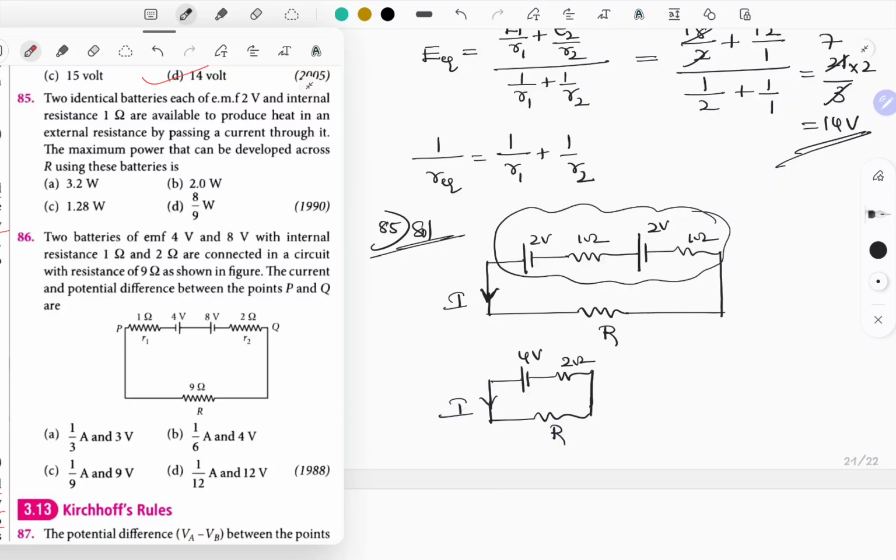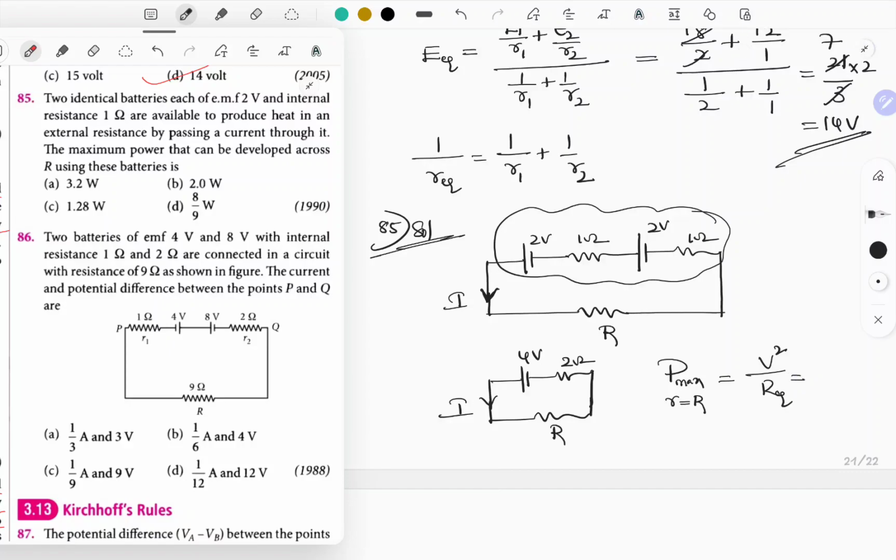For the maximum power, we have a condition. For the maximum power to be dissipated in the circuit, internal resistance must be equal to external resistance, that is, equal to capital R. That means internal resistance here is 2, which can be equated to capital R. The formula for maximum power is V square by R equivalent.